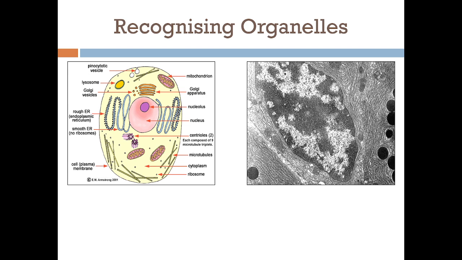So in this video, I'll be going through some tips which may help you to identify the organelles given the electron micrograph. But do take note that in real life, organelles can appear differently depending on how the photographs are taken, the angle, the lighting, and so on and so forth.